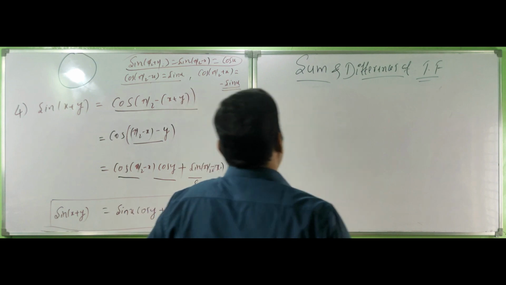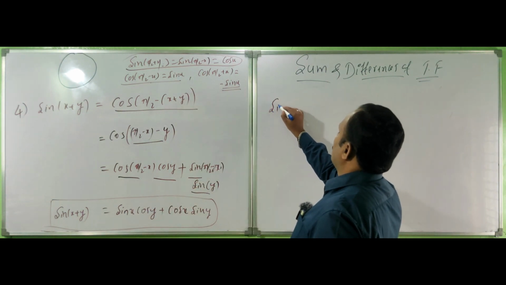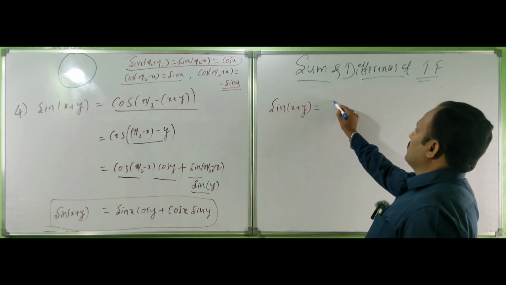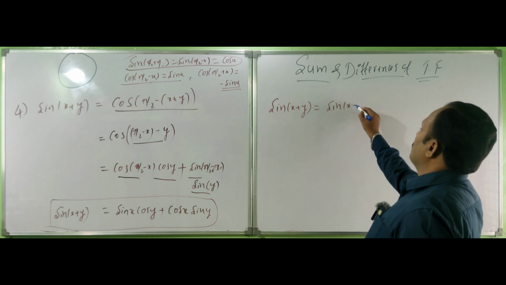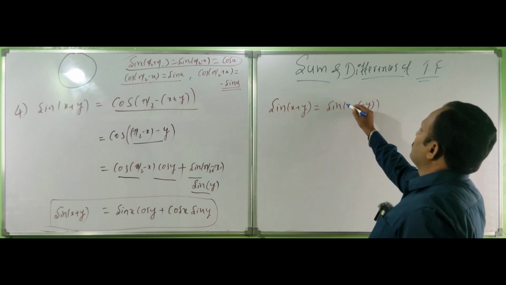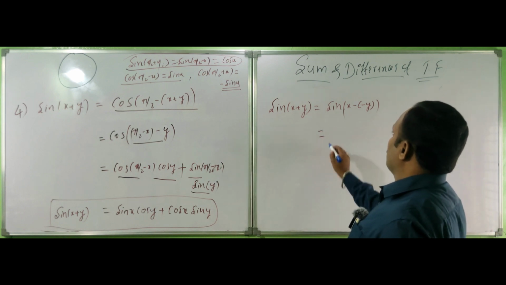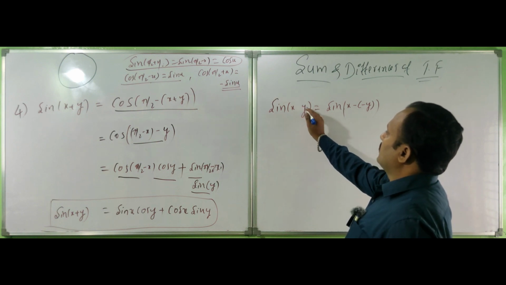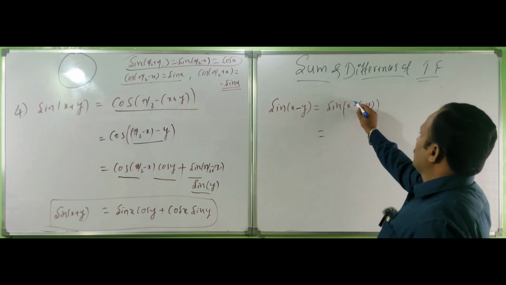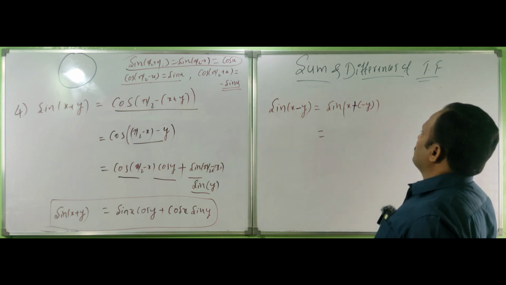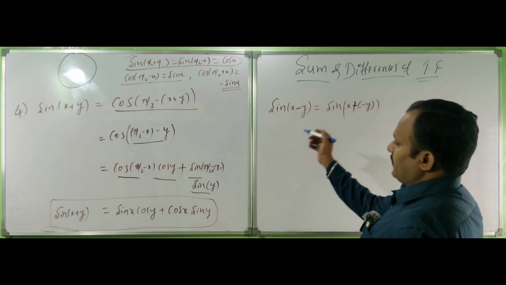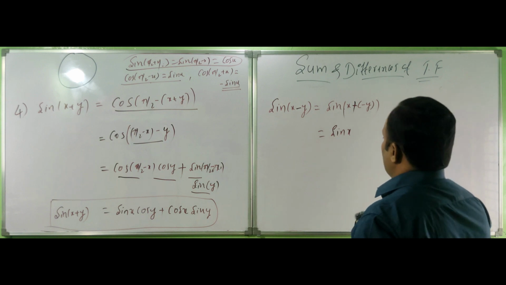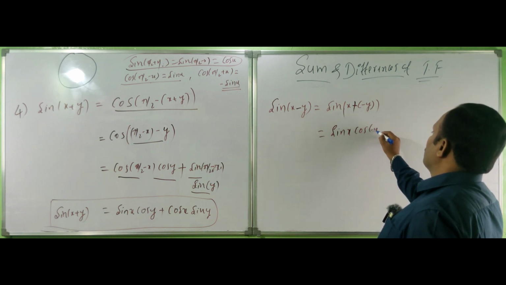Next one is similarly on the basis of this one. Sin of x minus y, how I am going to write this one is sin of x plus minus of y. Just expand. We need x minus y. This we can write as sin of x plus minus of y. So expand by the sine formula. For sin of x I will get sin x, for cos I will get cos of minus y.